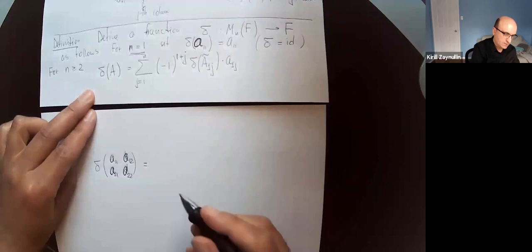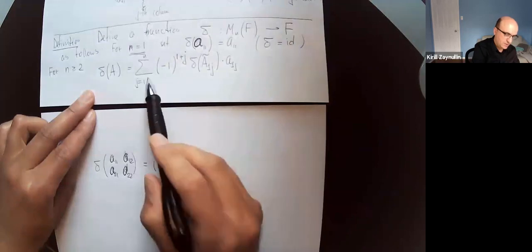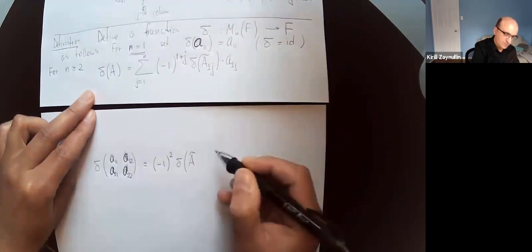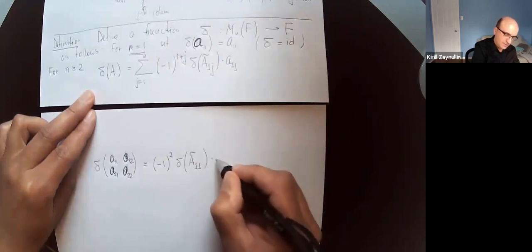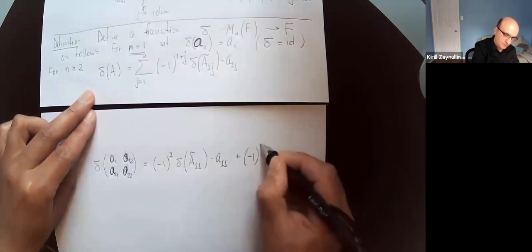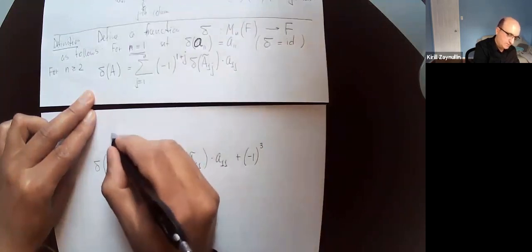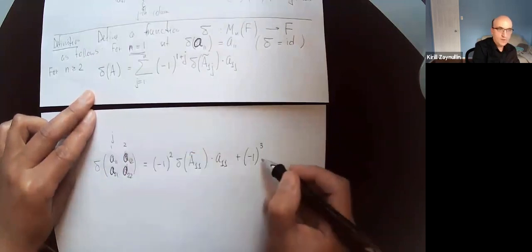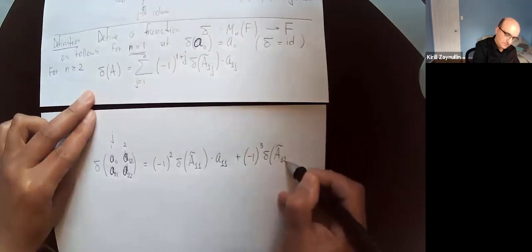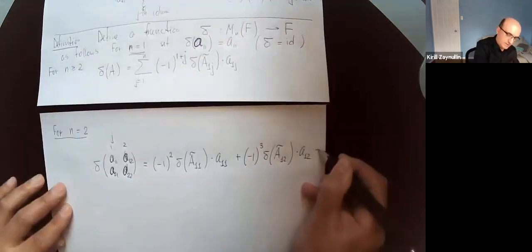The very first one is minus 1 to the power 1 plus j, where j is 1 in this case, so it's 2, and delta of A tilde 1,1 times A11, plus the second summand, minus 1 to the power 3, because 1 plus j is 3. J is a column, so it's 1, 2. And then I multiply by delta of A tilde 1,2 times A12.